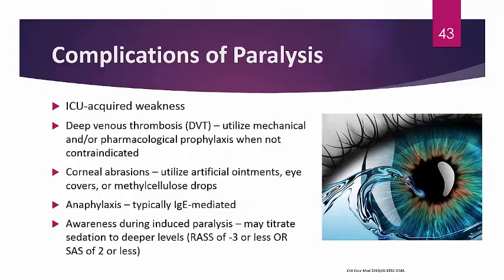In general, complications of paralysis. This can occur from any of the paralytic agents that are used. Include ICU-acquired weakness. And essentially what that means is that because you're paralyzing someone for so long, they're not moving for long periods of time. As a result, they may develop weakness as a result of protein-calorie malnutrition and disuse. So they're not essentially moving around.